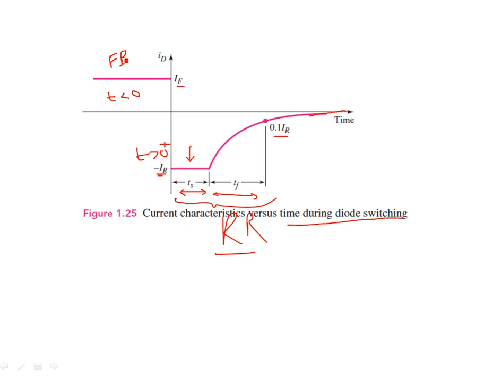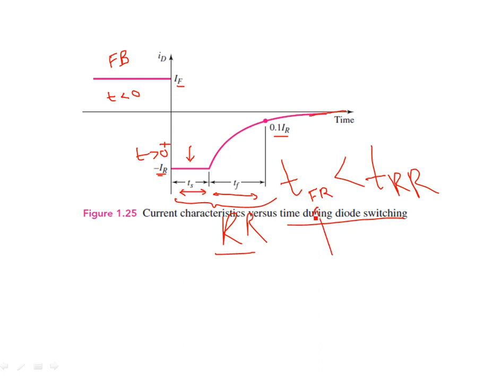This switching is happening from forward bias to reverse bias, and usually if the diode is forward biased and it is switched to reverse bias, the reverse recovery time is a little greater than the forward recovery time. This forward time is when the diode is reverse biased and you have to make it forward biased, I mean, switch it back to the on state.